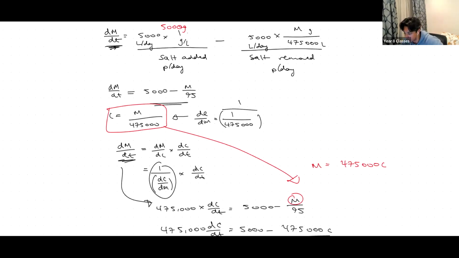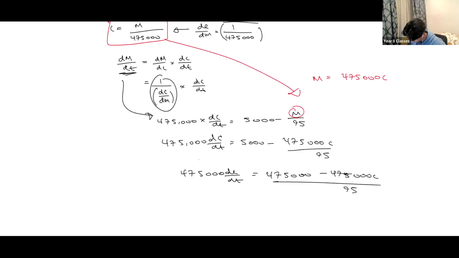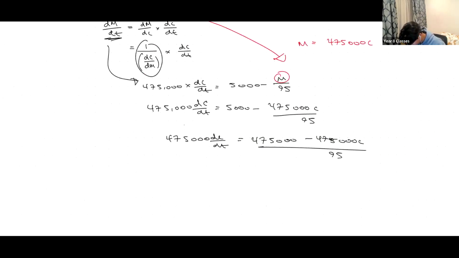And then just divide everything by 475,000. So kill these all off, and you're left with dC/dt equals 1 minus C over 95. So this will be our expression for the rate of change of salt in the pool.